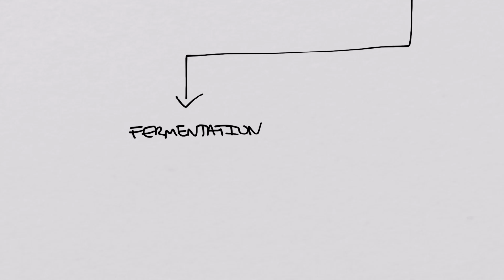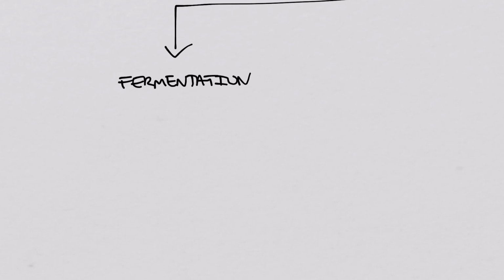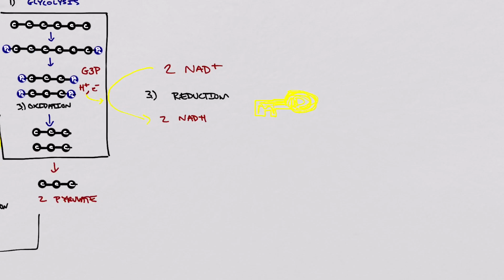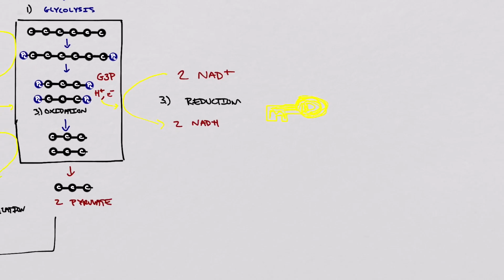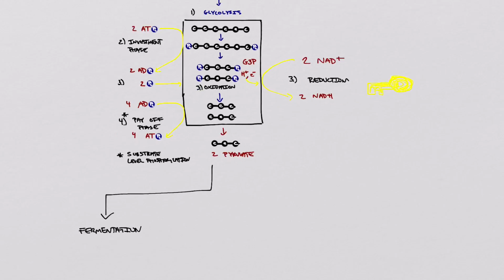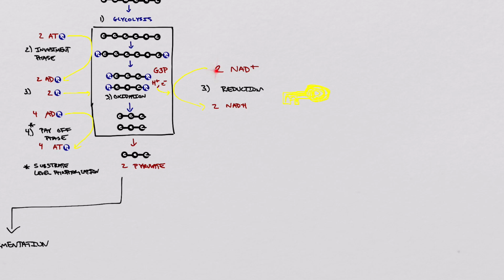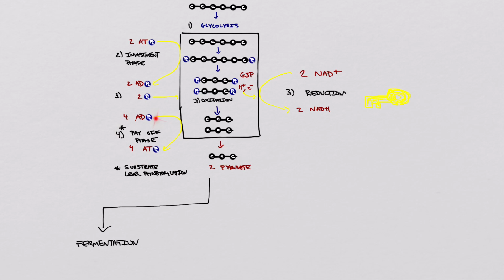And the whole goal of fermentation is to regenerate our key, NAD+. Because we used it, we generated NADH, and so we need free NAD+ to run this reaction again and get these 4 ATP.